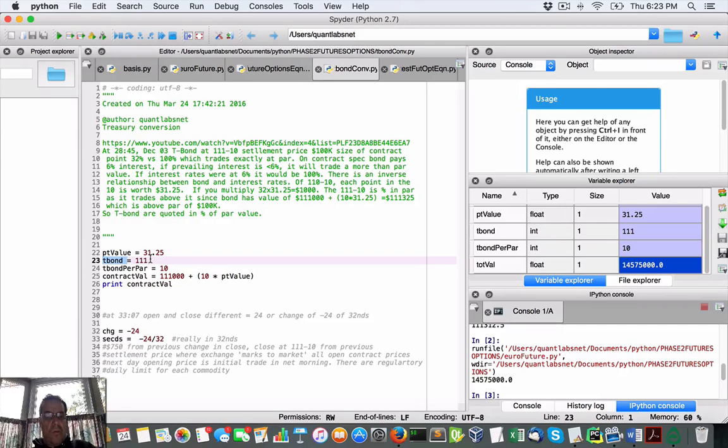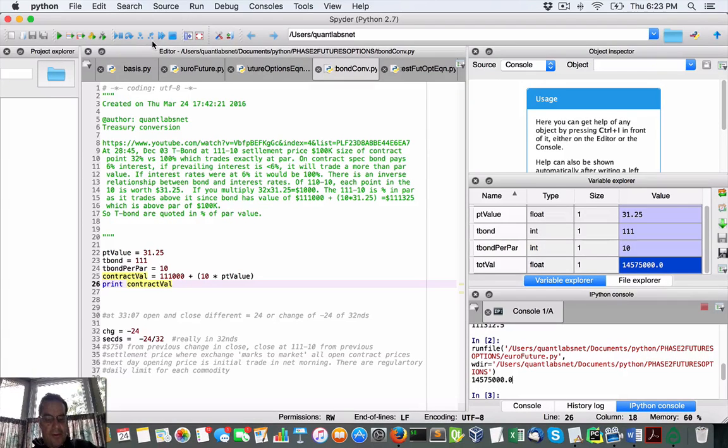T-bond is now 111. The T-bond value per par, no different than saying this, quote-wise, the contract is equal to 111,000, which we've already calculated, times the 100,000, which is the contract size, plus 10, which really comes from here, and then multiply that by the 31.25, which will give you your contract value.